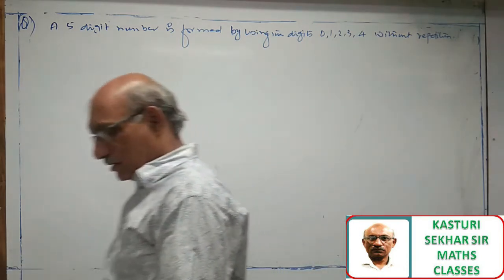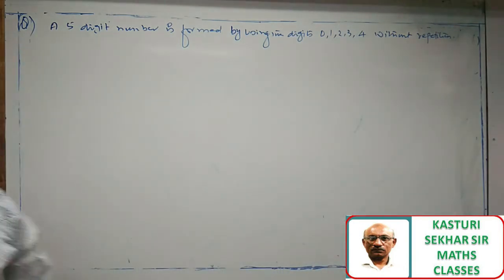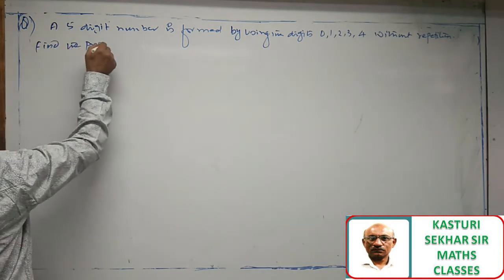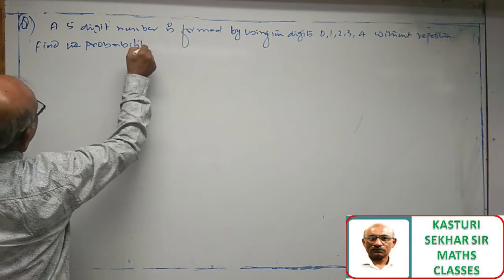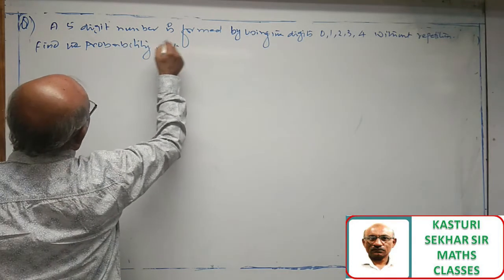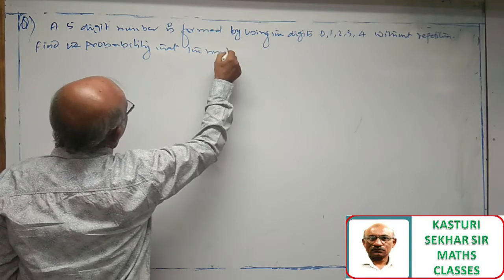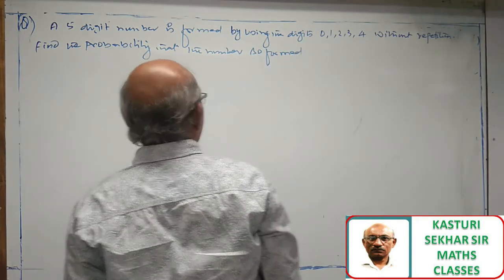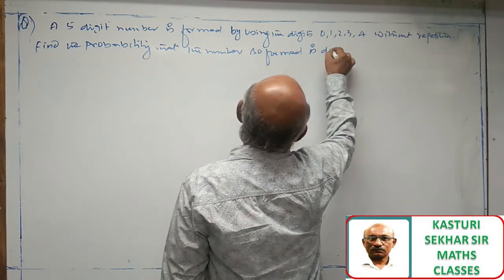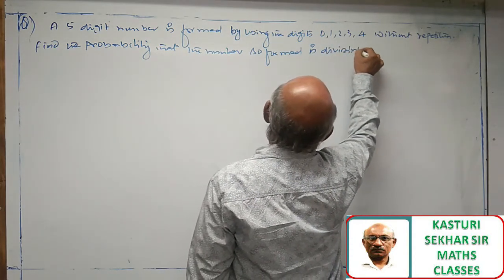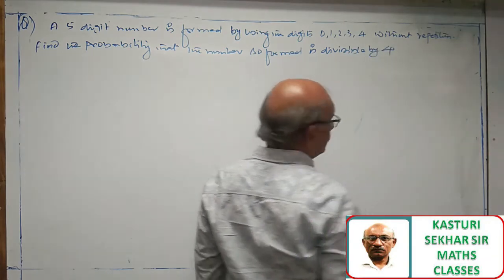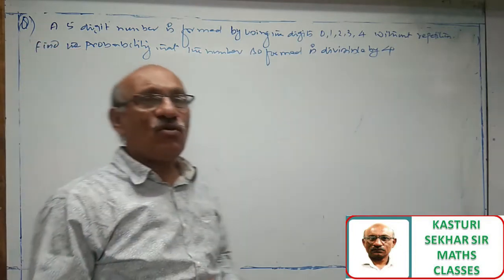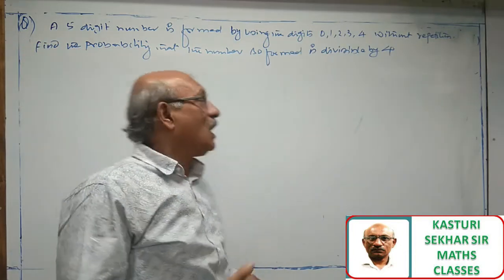Find the probability that the number so formed is divisible by 4. The number so formed is divisible by 4. This is my question.